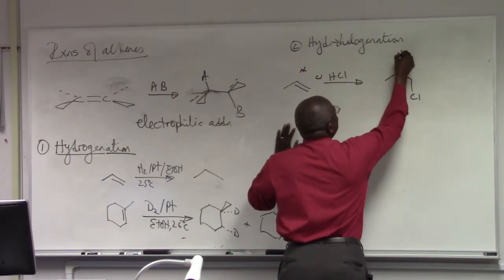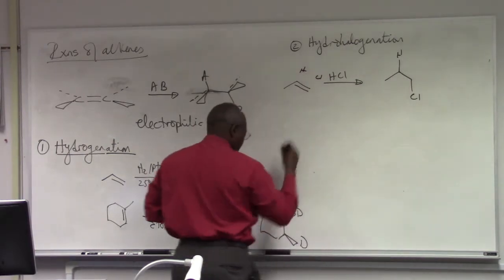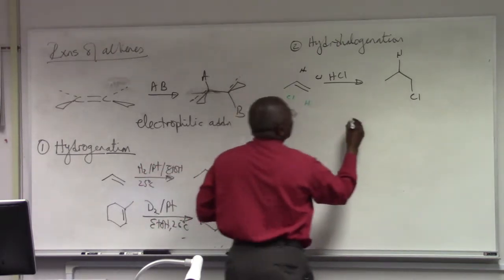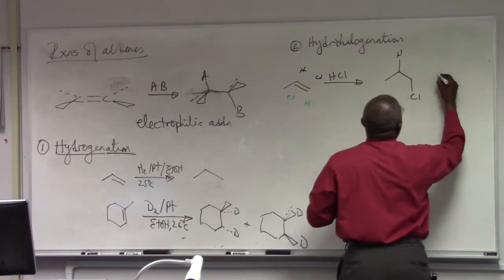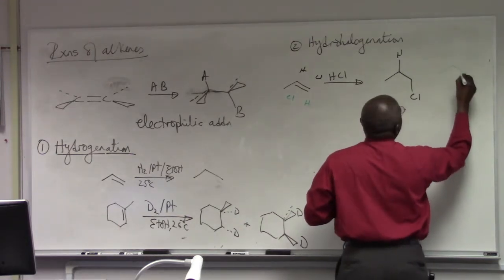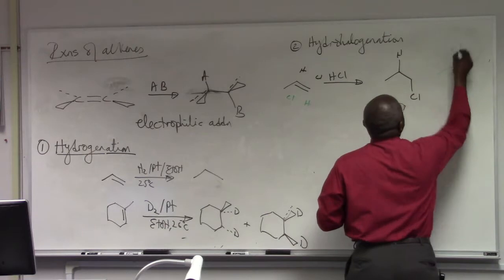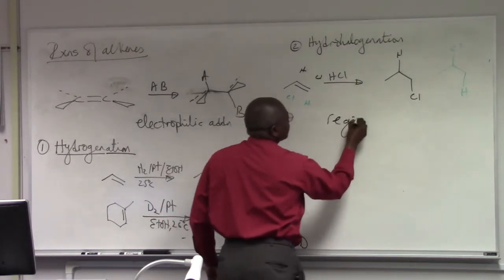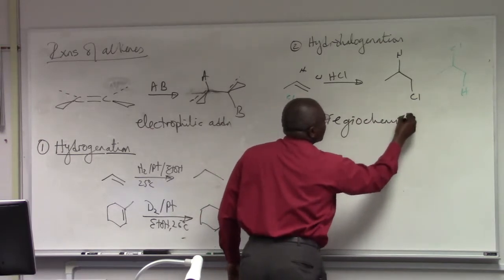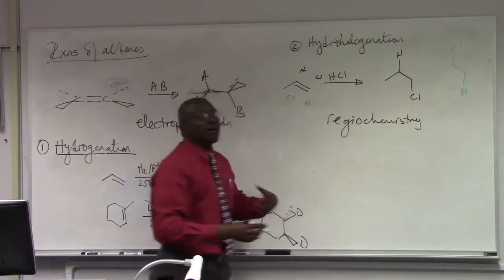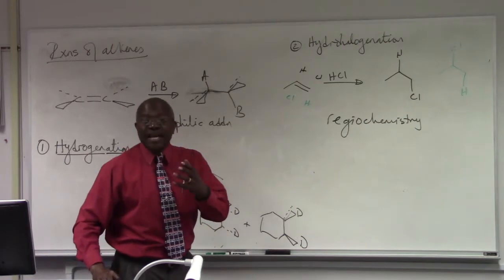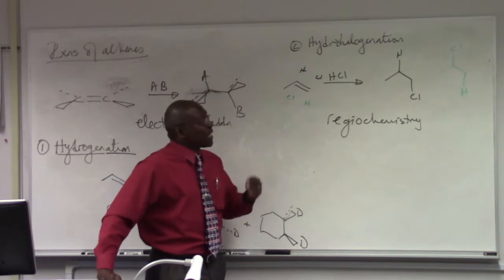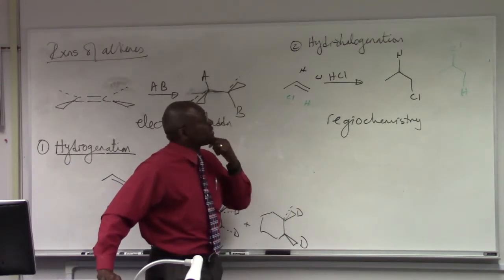Or I could do the alternative, where the H goes here and the Cl goes there, and that's going to give rise to the alternative product, which is this one. So that's a question of regiochemistry. What is the regiochemistry of the reaction? Which one do I get? Can I control the reaction to get one or the other? And if I'm going to get both, can I make a preponderance of one or the other?